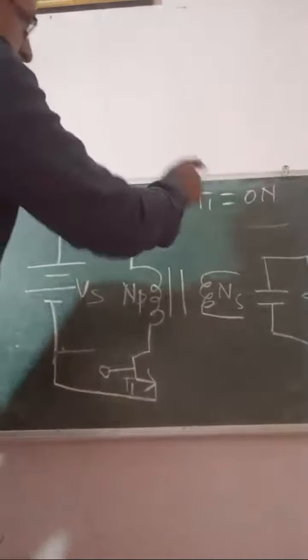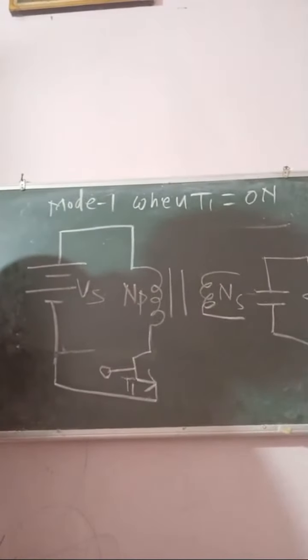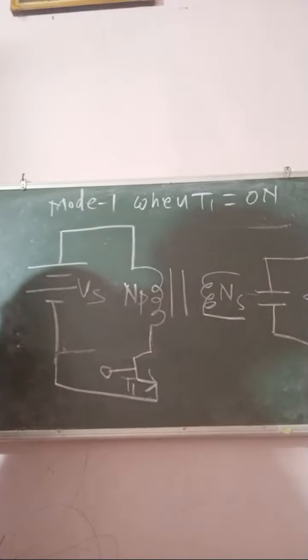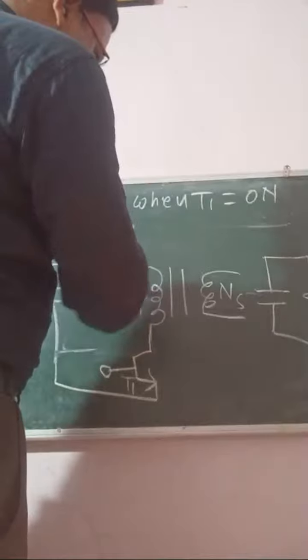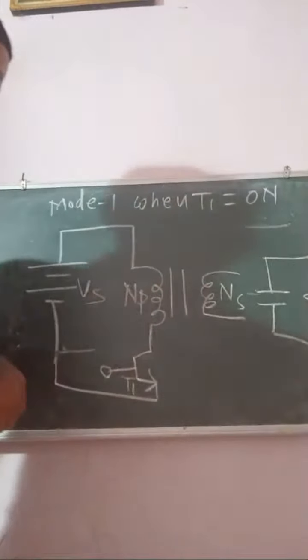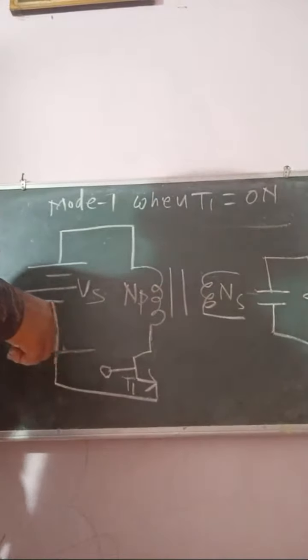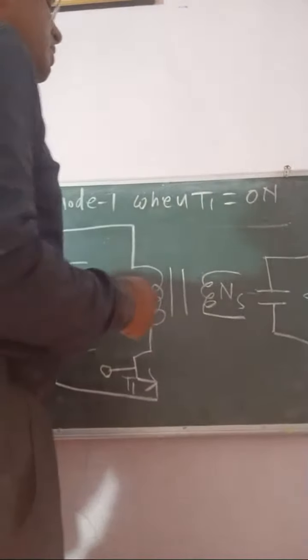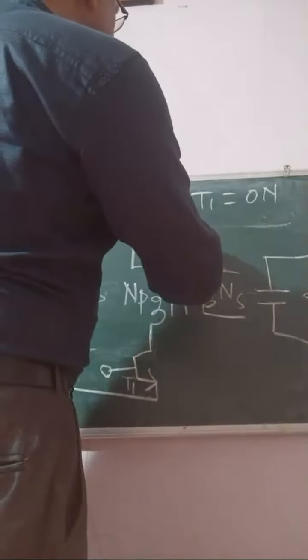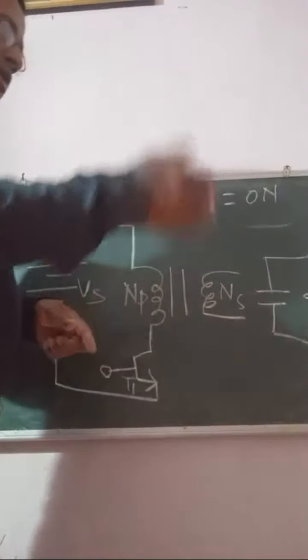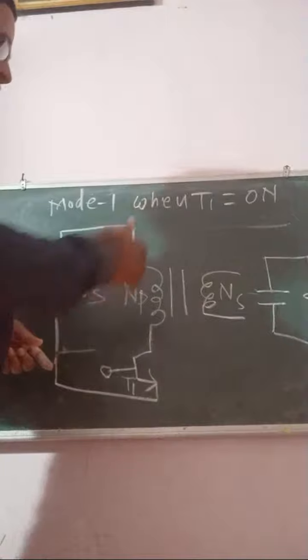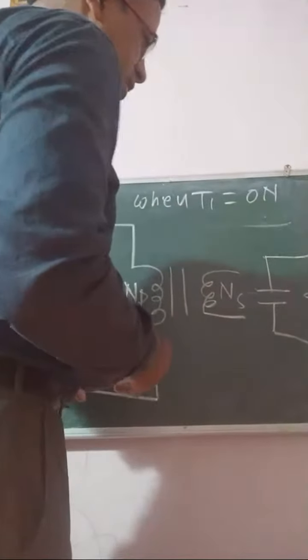So when T1 is in the on condition, what happens? The energy is stored in the primary winding. In that time the diode is in the off condition.